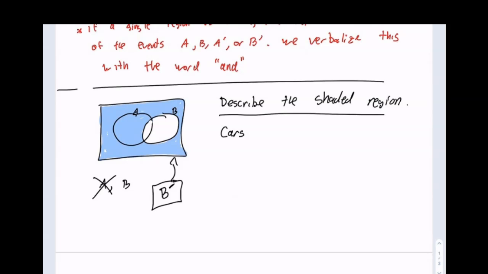And when we say outside, this means without, not, no. There's a lot of different words depending on the context of the problem.